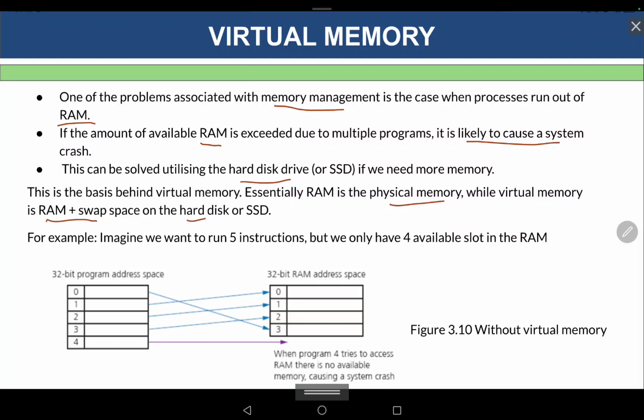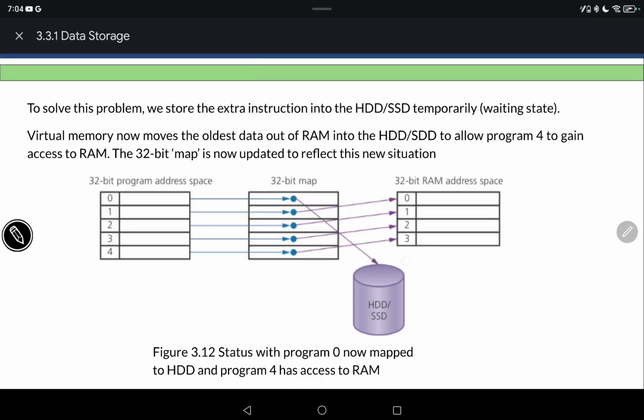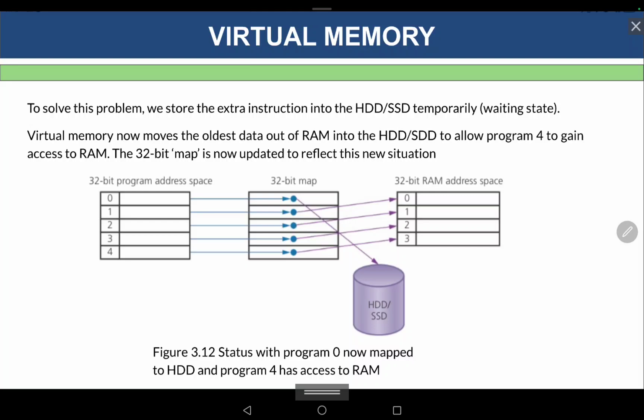Now let's imagine that we want to run 5 instructions, from 0 to 4, but we only have 4 available slots in the RAM. So there's another instruction that has no space in the RAM. Now what happens? To solve this problem, the extra instruction is moved temporarily into the HDD or SSD and is put in a waiting state.